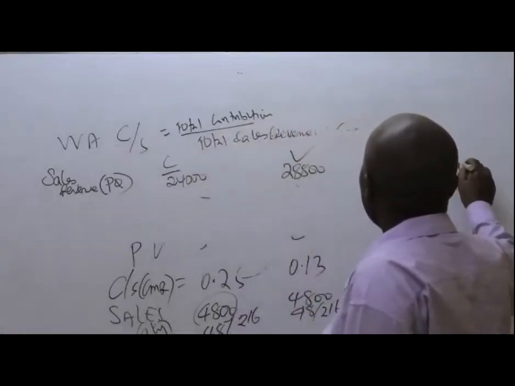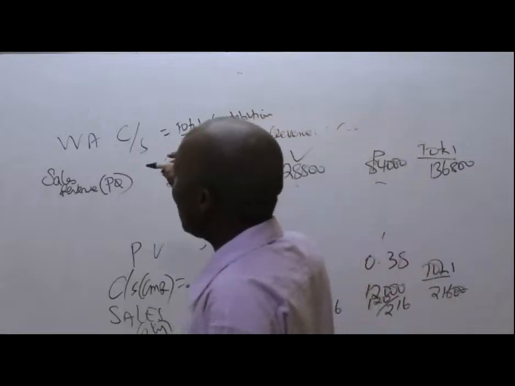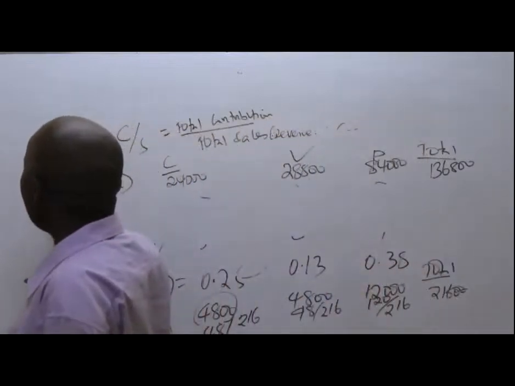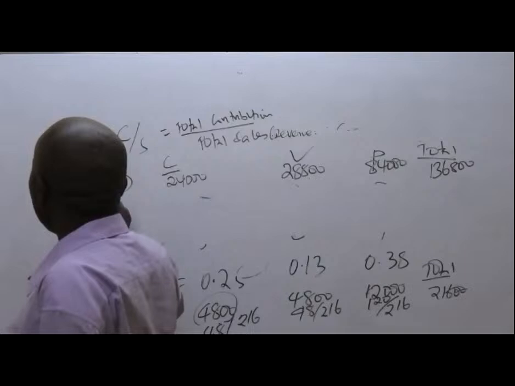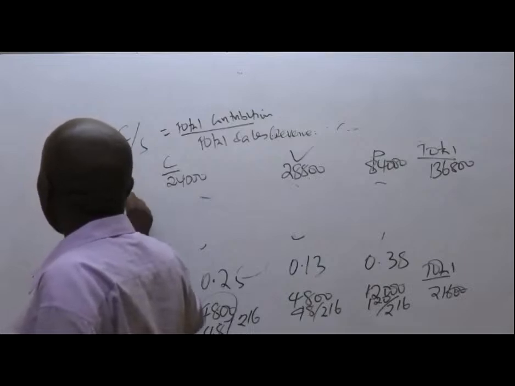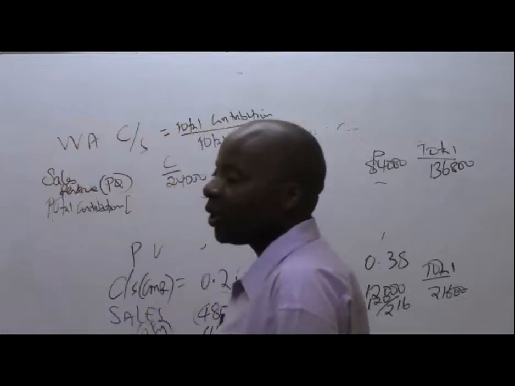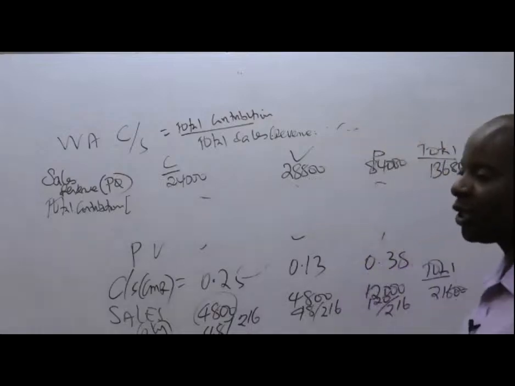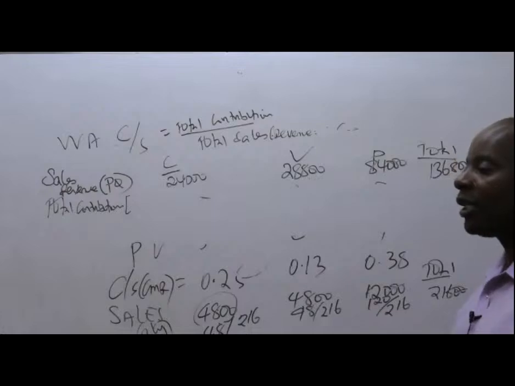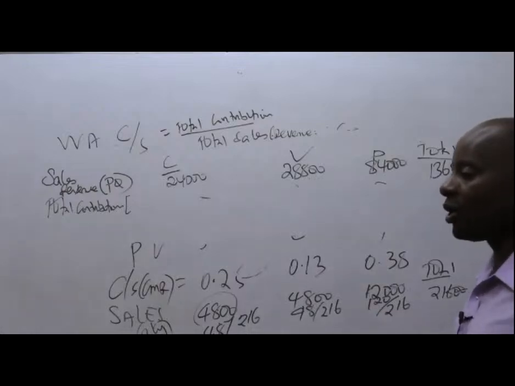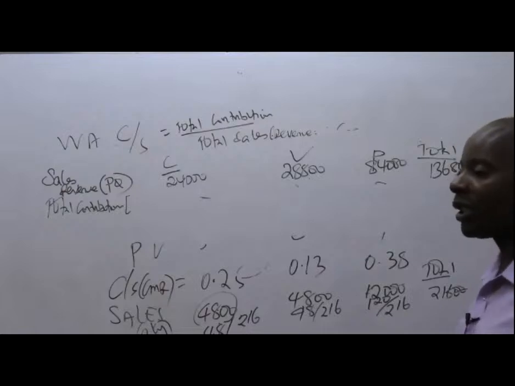136,800. Now, the other thing that I would want you to do very fast for me is the total contributions. What do you think we shall do to be able to get the total contribution?